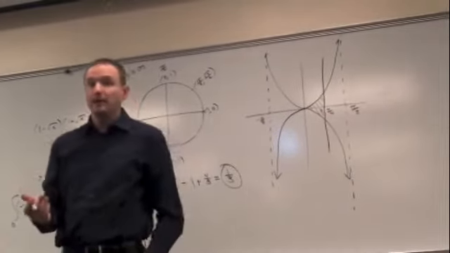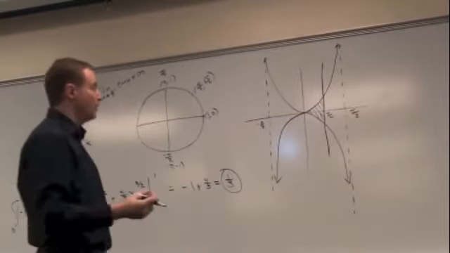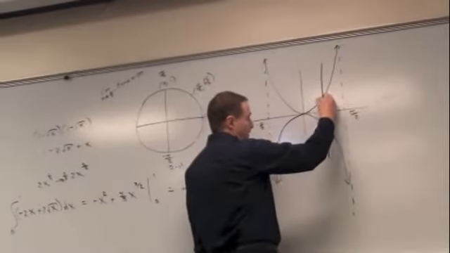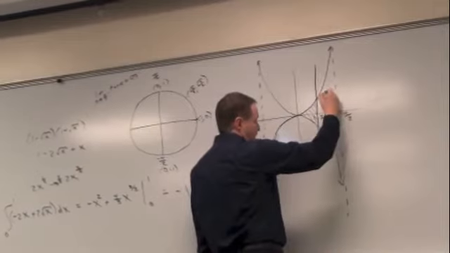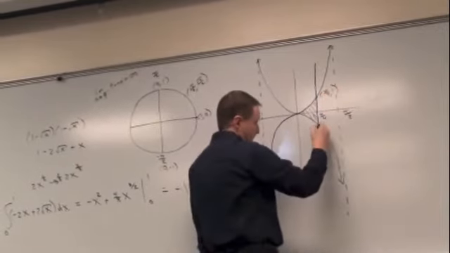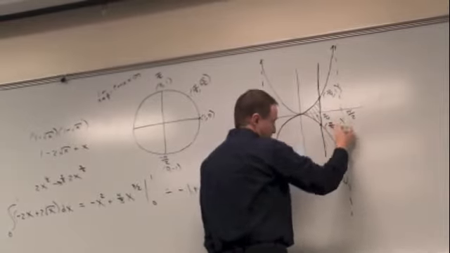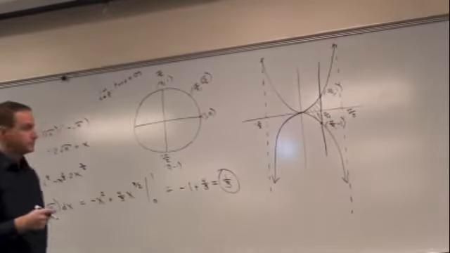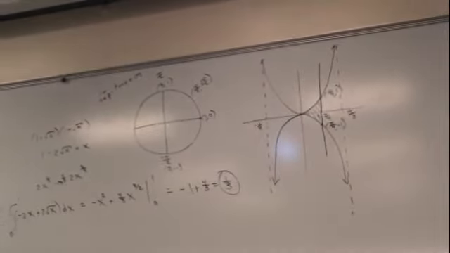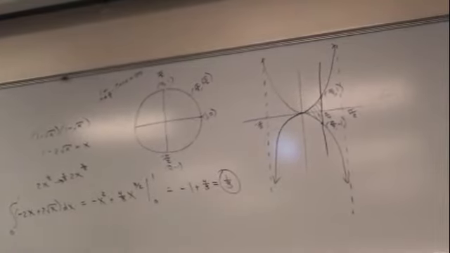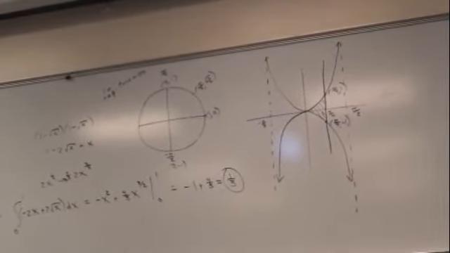I know, again, tangent of pi over 4 is 1. So this point right here is pi over 4, 1. This point down here, pi over 4, negative 1.